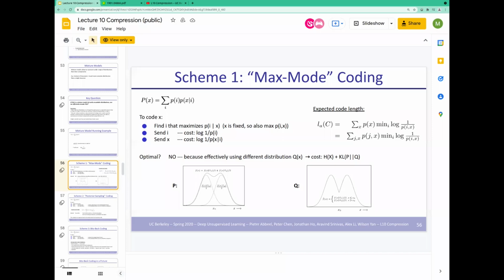So we start off with the one that we've been looking at, the mixture model. Here we look at all of these i's and find the one that maximizes pi of x.